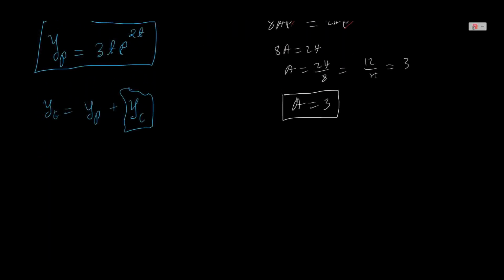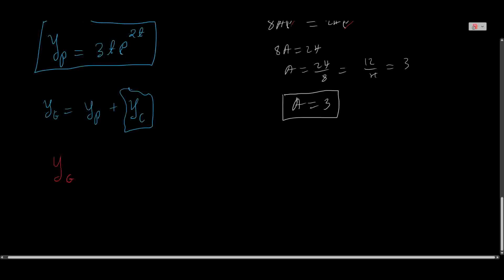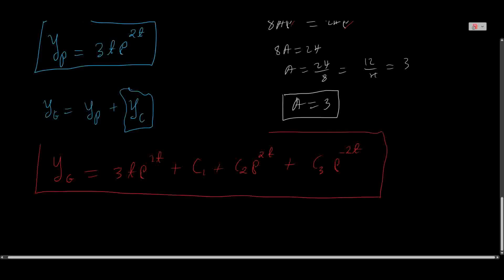So our general solution is our particular solution, 3t e raised to the power 2t, plus c1 plus c2 e raised to the power 2t plus c3 e raised to the power negative 2t. This is the solution to our equation B.